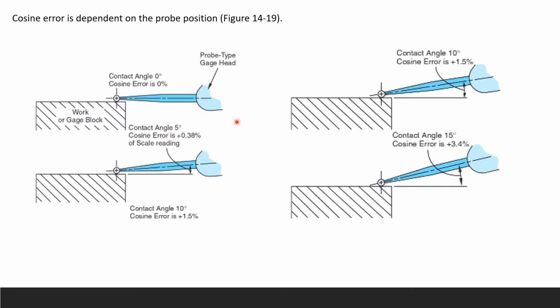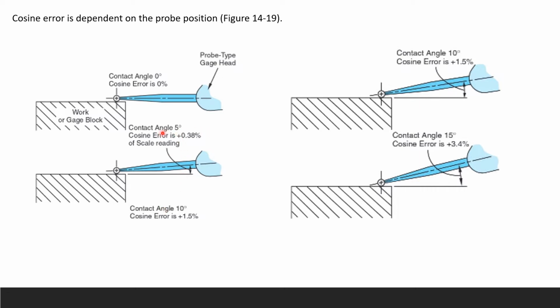So when you take a look at it, this line, you're going to see your probe type, okay? This is your gauge head. The contact angle is 0, so cosine error is 0 because there's no angle. And that's just your work or gauge block. So now our contact angle is at 5 degrees.